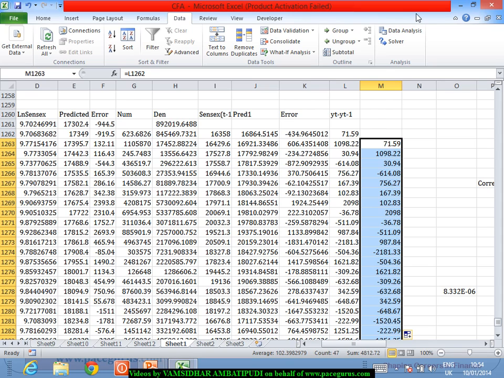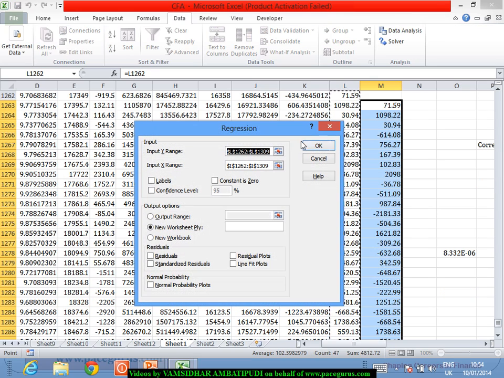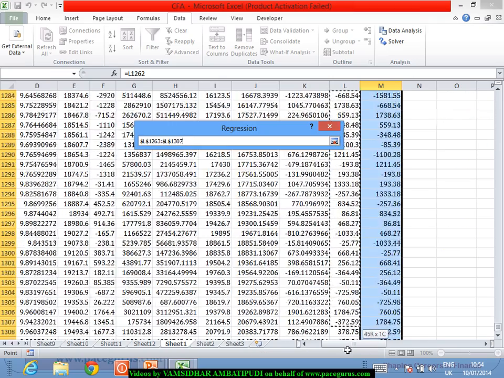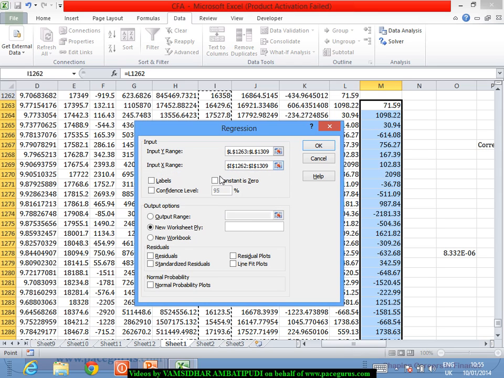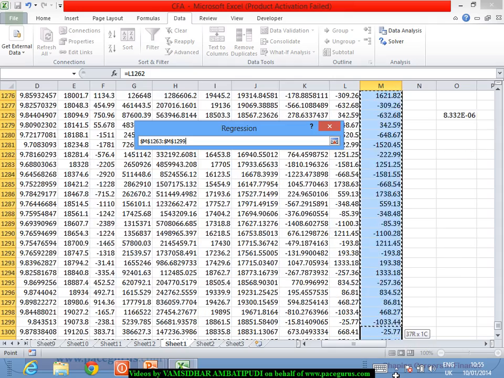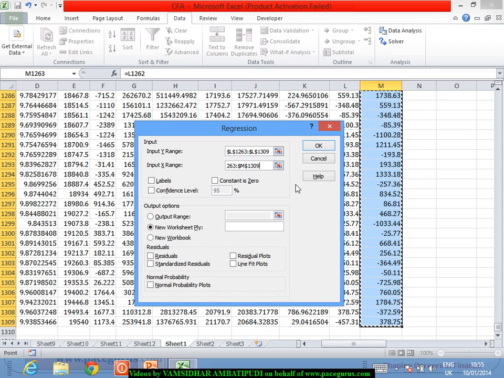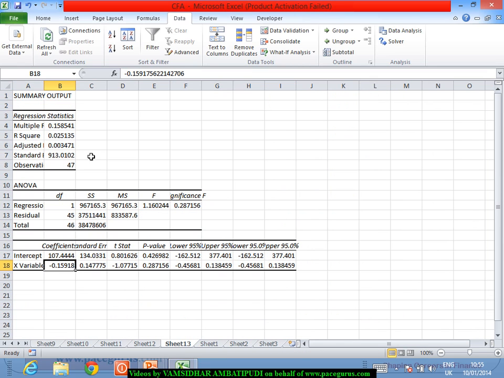In case my data had not been covariance stationary, the dependent variable would have been the first difference, and the independent variable would have been the lagged difference, and I would have worked out this kind of a regression equation.